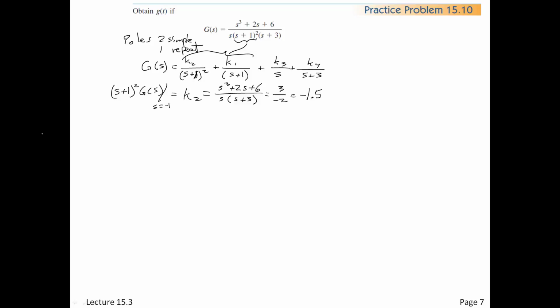Now we've got the unfortunate thing where we have to take the derivative with respect to s of this whole thing. Well, I'm just not going to copy all that down. I'm going to take the first derivative of it, evaluated at minus 1. It gets messy enough as it is, as you'll see here.